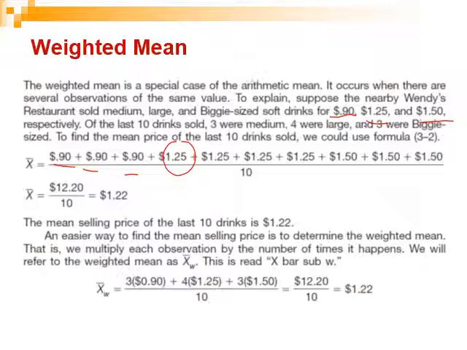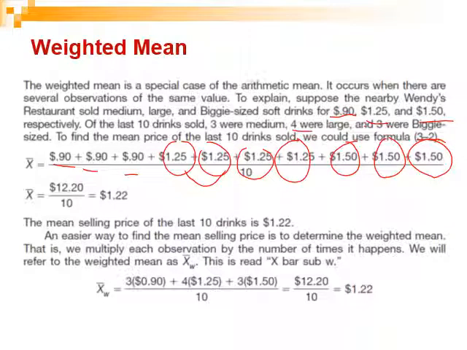This means that we will add 1.25 four times, 1, 2, 3, 4, because he sold 4 large, and 3 were big sized, and the one of big size is sold for 1.5. So we will add 1.5 three times here to get all the values that are similar.